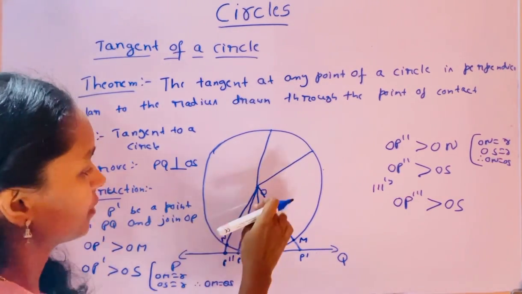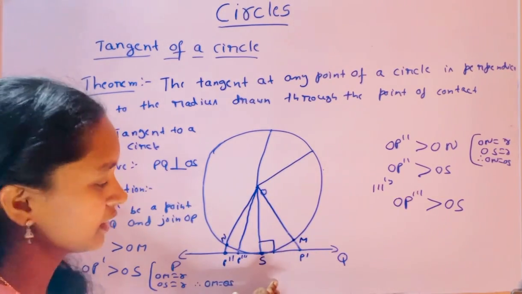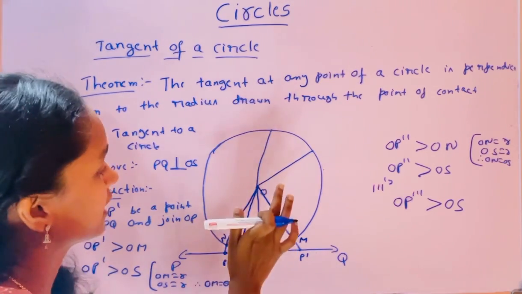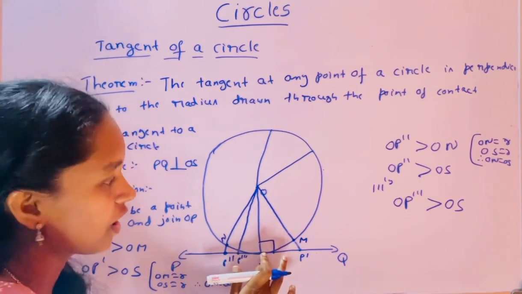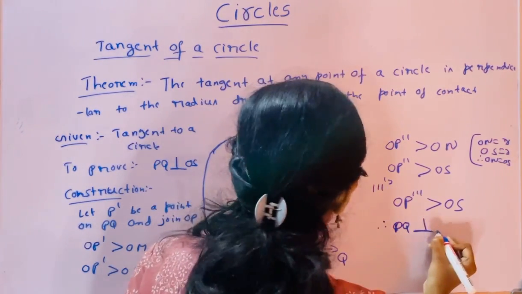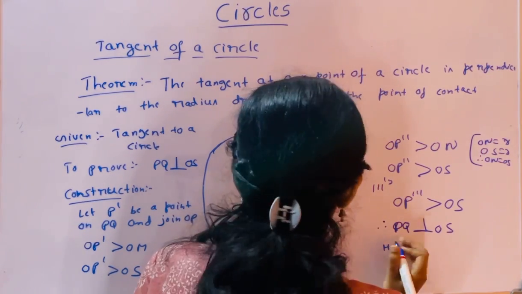That is, the tangent at any point is perpendicular to the radius drawn through the point of contact. Therefore, PQ is perpendicular to OS. Hence the theorem. This is the proof of the theorem.